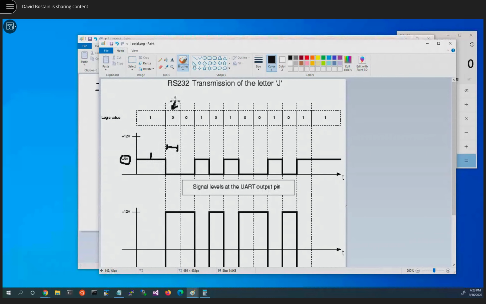So this start bit, I'm going to make it be ST instead of spelling out start for the moment. Now, start bit is always a 0 if we're idling on 1. Actually, it's always a 0 down here. It just happens to go from minus 12 up to plus 12 to do the start bit. But once we've seen a start bit, we're no longer idling. This is idle over here.